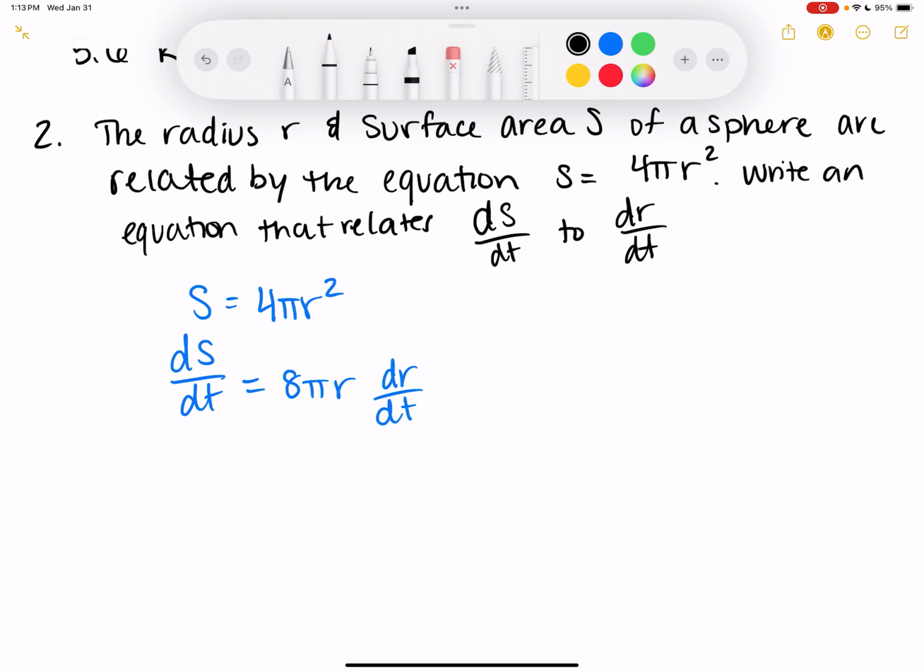Let's see. 4 has 2 parts. Okay, it says the power P in watts of an electrical circuit is related to the circuit's resistance R in ohms and current I in amps by the equation P equals RI squared. I'm not writing the whole problem for that one.